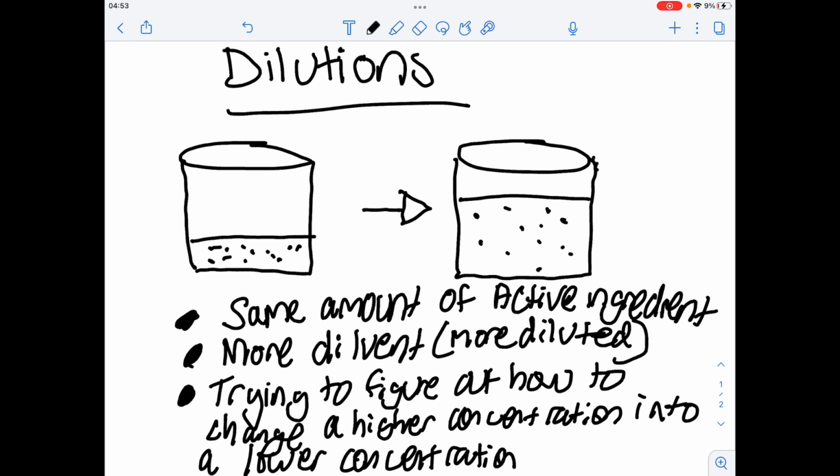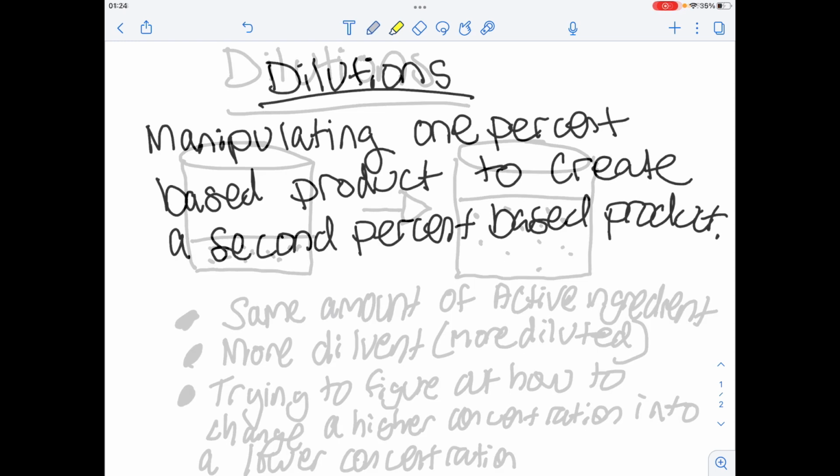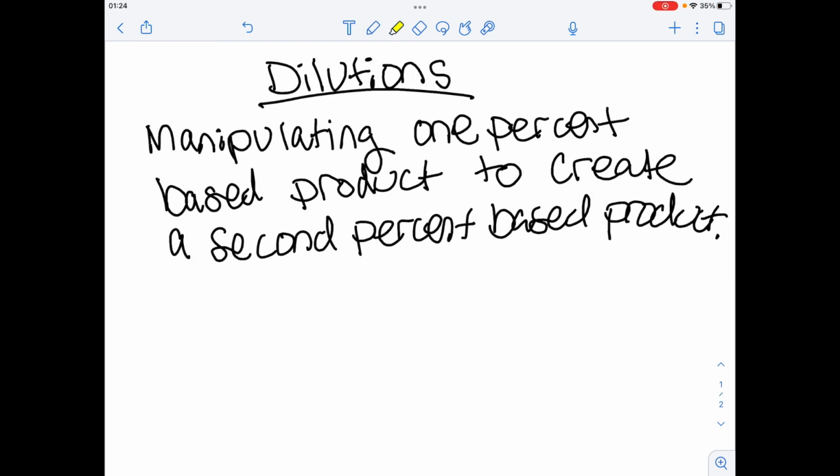So if we ever need to take a higher concentration and create a lower concentration, we can do that via diluting it. So dilutions are when you manipulate one percent based product to create a second percent based product.